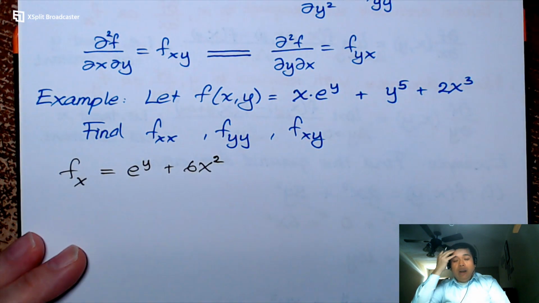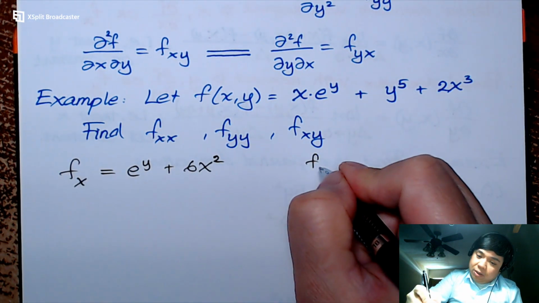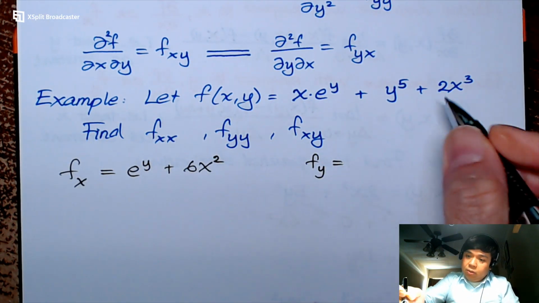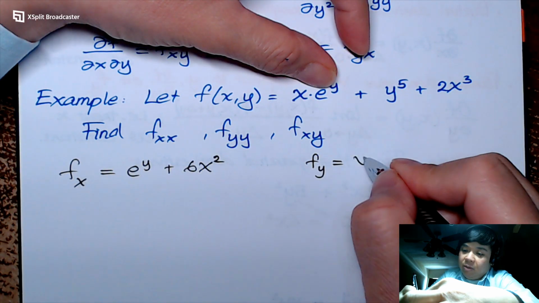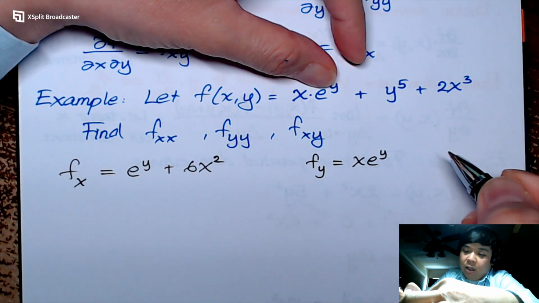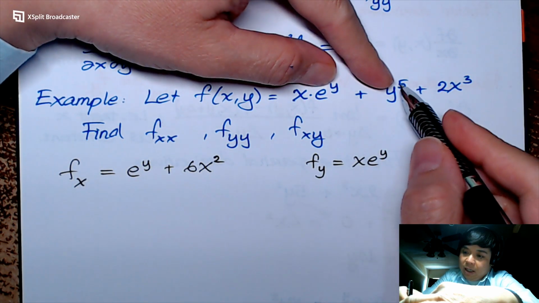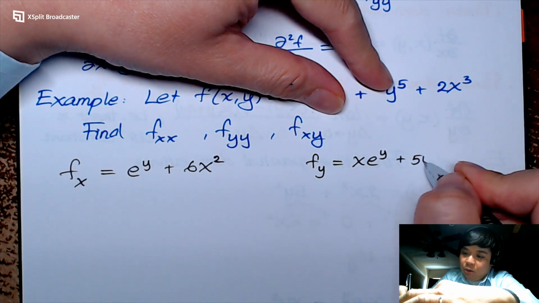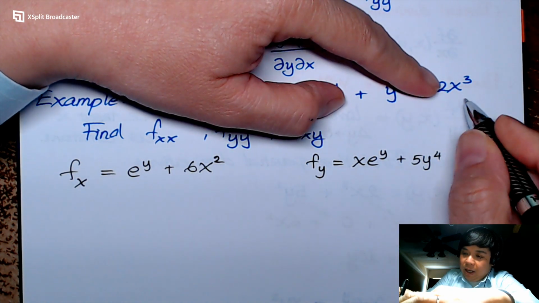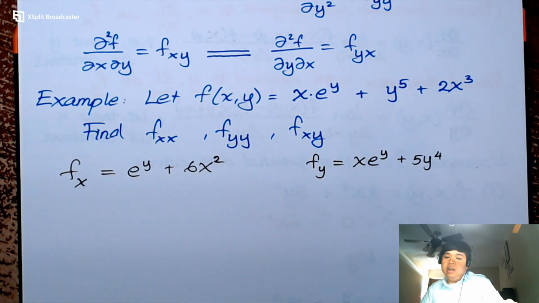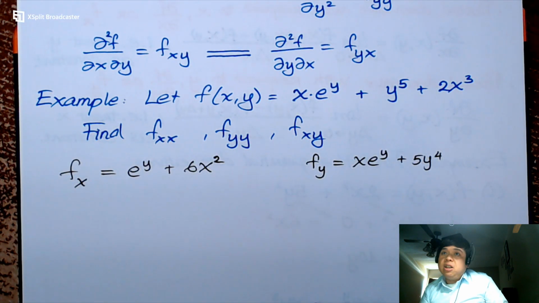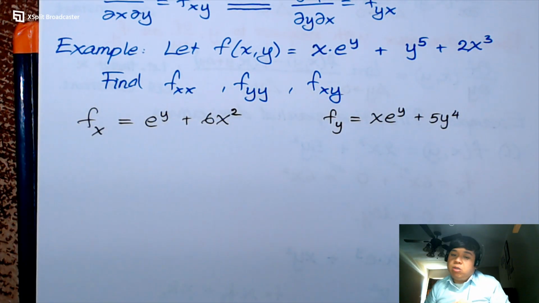And now with respect to y, e to the y is still e to the y. x is constant, so we still have x e to the y. With respect to y, that is 5y to the fourth, and that constant is 0, because a constant with respect to y is going to be 0. Right, so that is the derivative with respect to x, and the derivative with respect to y.